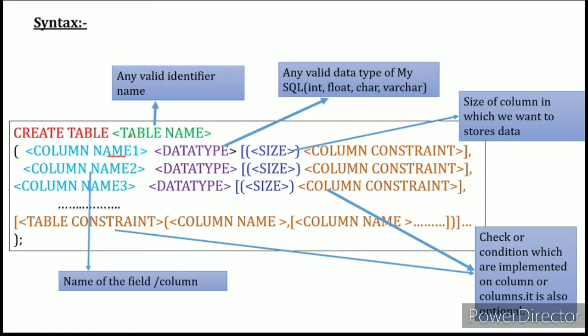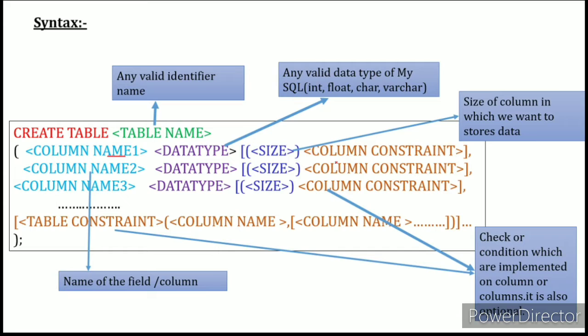Here, table name is any valid identifier name. It's a user defined name. After that, the name of the data type; it should be any valid data type of MySQL, maybe int, float, char or character, or maybe another. And after that, the size, where we can store the data, and the column constraint.